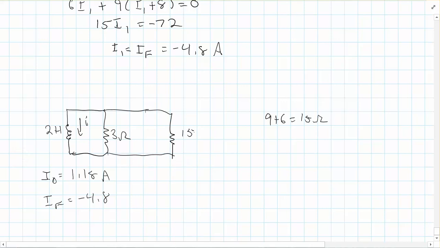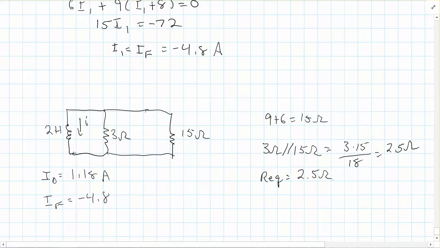So this is 15 ohms, and then we clearly have a 3 ohm in parallel with a 15 ohm, which is 3 times 15 over 18, which is 2.5 ohms. So my R equivalent is 2.5 ohms.